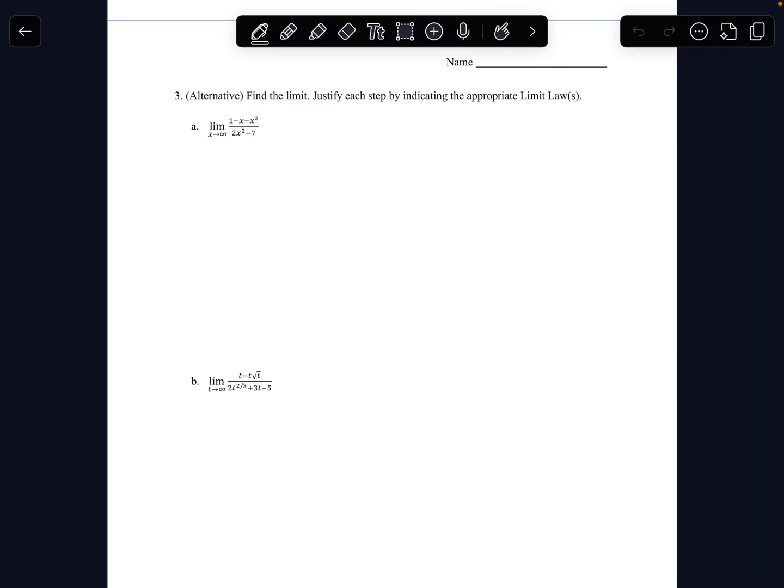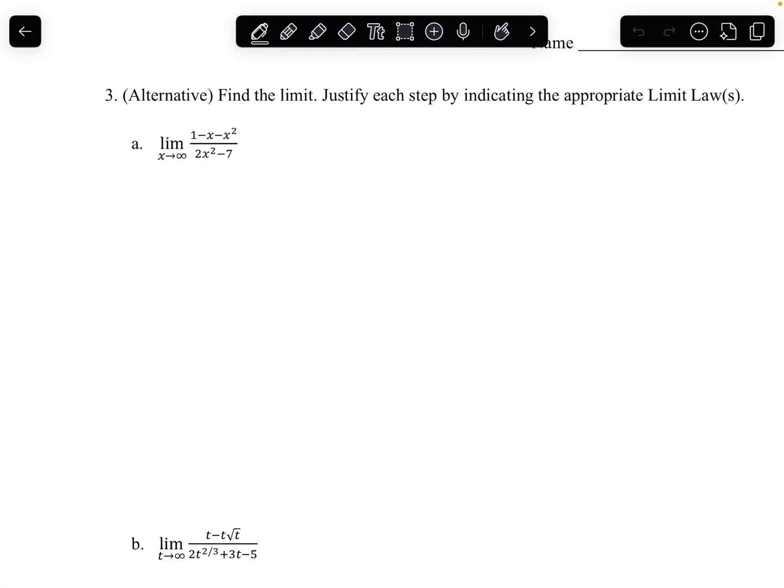Let's do A, because A looks easier. So what you're going to want to do here, if you see an infinite limit, is identify the highest power, the term that is going to grow the quickest.